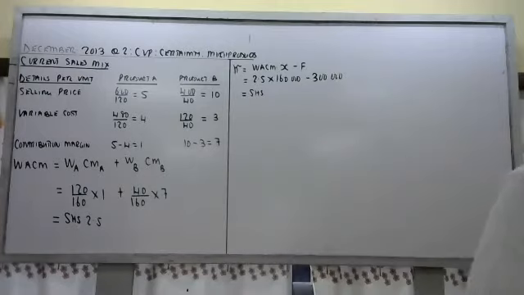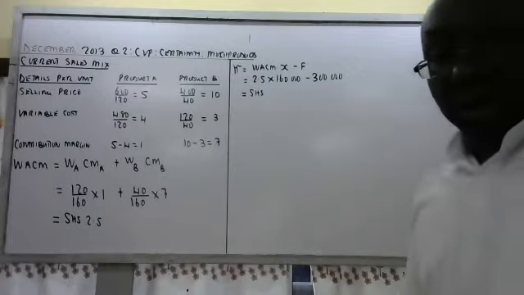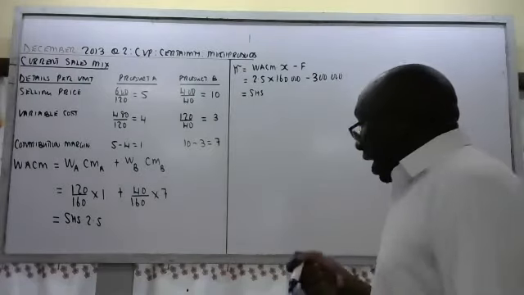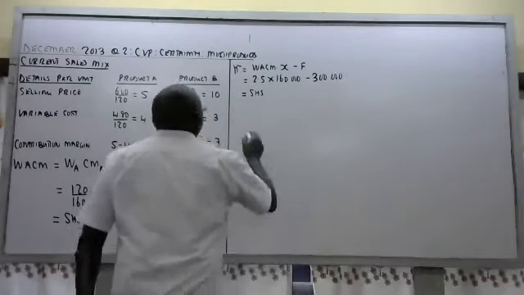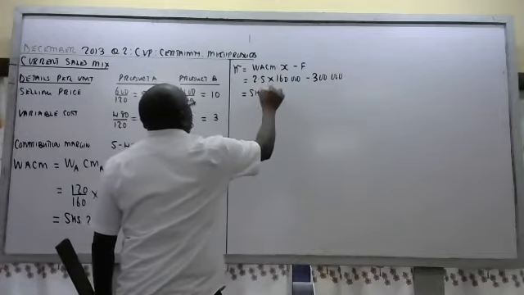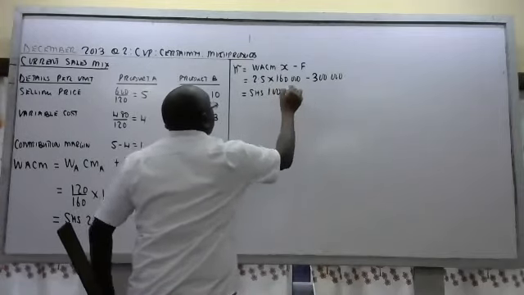Work that out. Oh, good, June. Jack, 100,000. We have shillings 100,000.